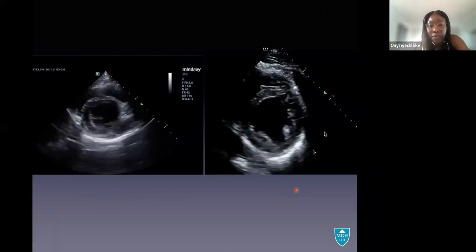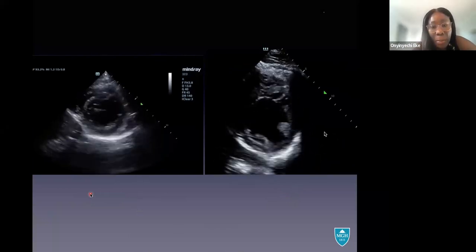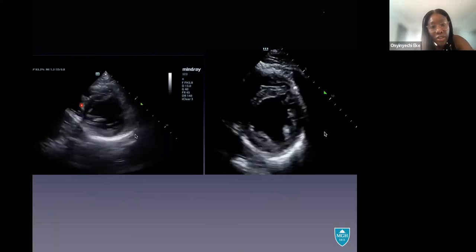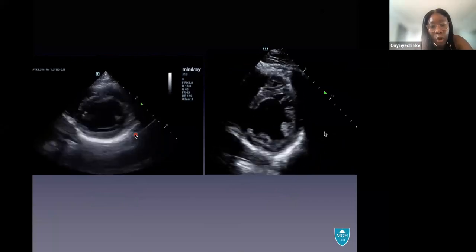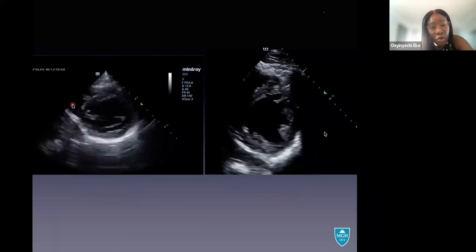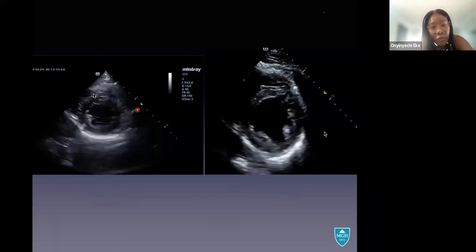What about here? Again, I told you that this is a parasternal short axis view, right? Because we can see that the heart is cut in cross section at the level of the papillaries. We have the septum. We see part of the right ventricle. We are looking at squeeze. Okay, this is the left ventricle.